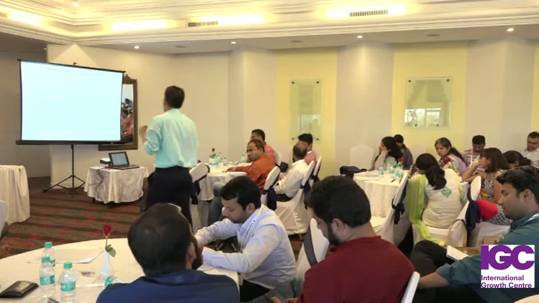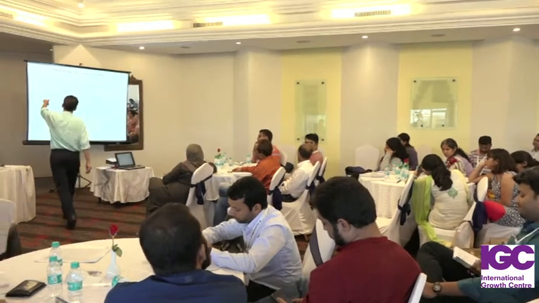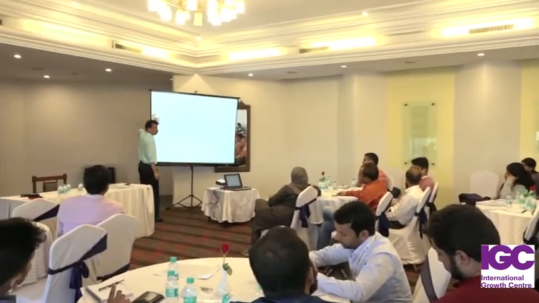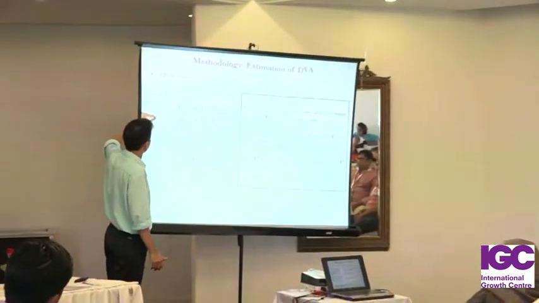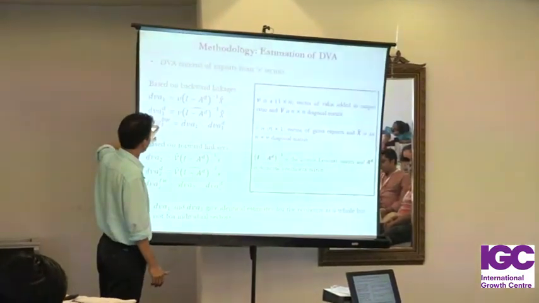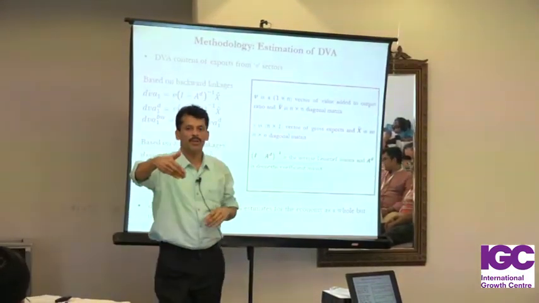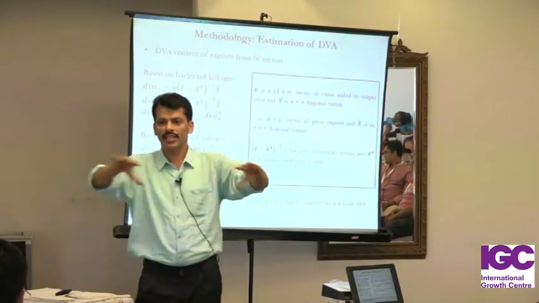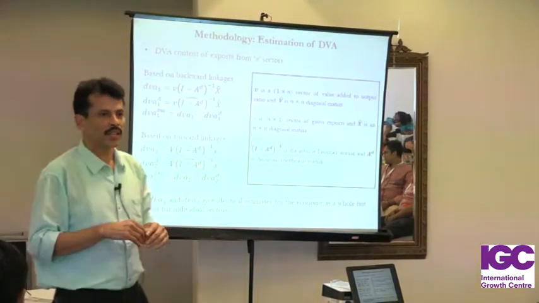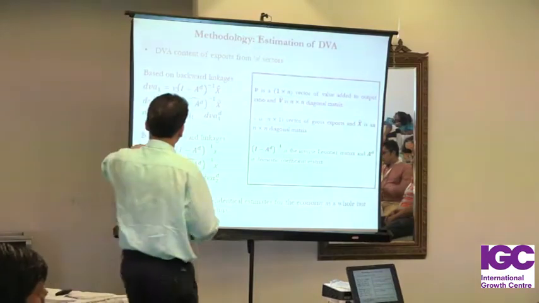Now this domestic value added can be decomposed into two parts, one is the direct value added and the other one is what is attributed to backward linkage. So, this can be separated into two parts. Now, how do you separate it? It is very straightforward.